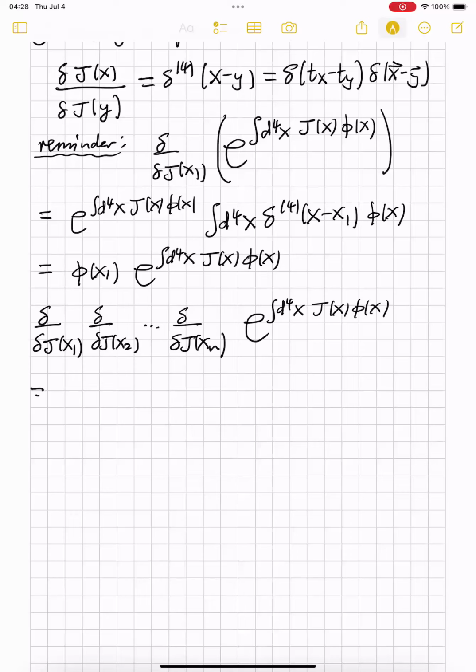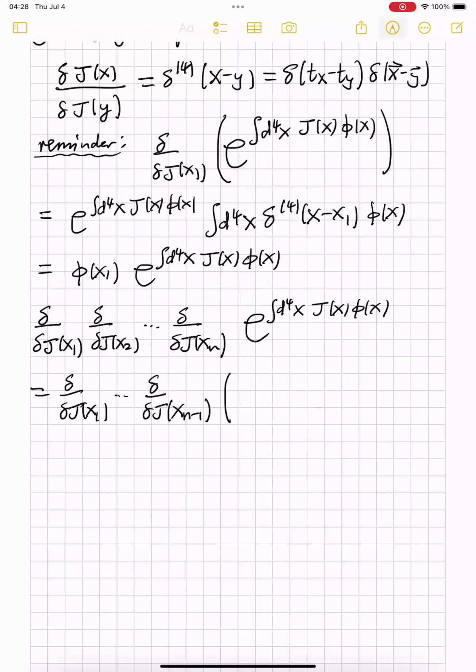Okay, so if we take these derivatives, let's just simply write out one step. Maybe this is a useful thing. J of x1, then we'll have delta j of xn minus 1. And now let's write down what derivative with respect to j of xn would have been.